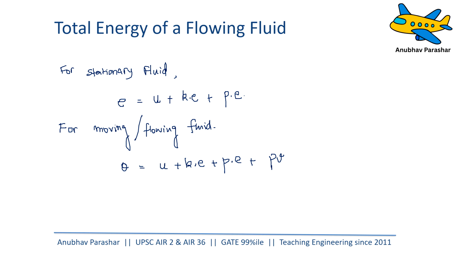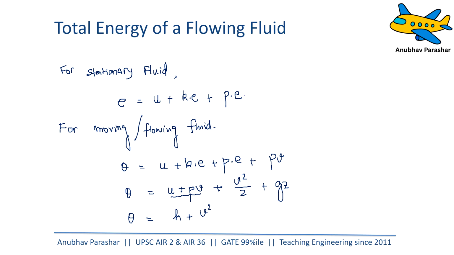Now, we can rearrange it a little bit. Let me say this is u plus PV plus kinetic energy, which I can write as V square by 2, mV square by 2, but written per mass basis, and mgz, but I will write it as gz because we are writing it per mass basis. So u plus PV can be combined, and this is the combination property which we have seen even earlier, which is known as enthalpy.